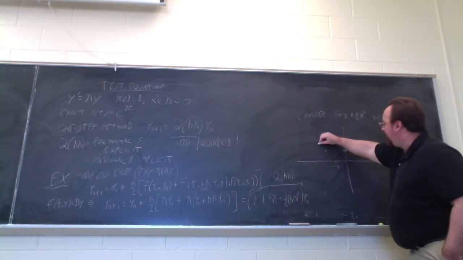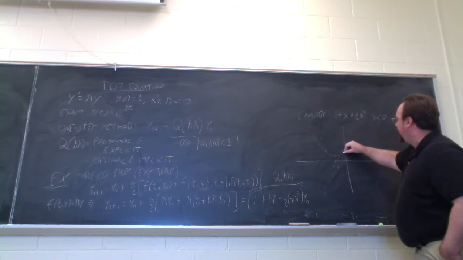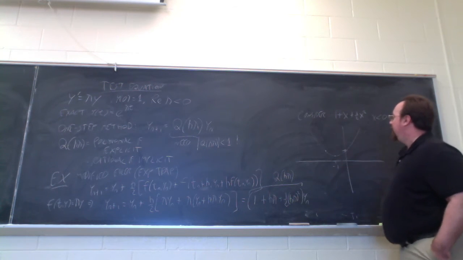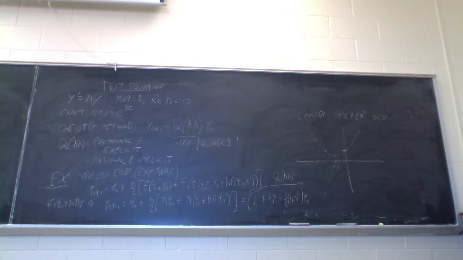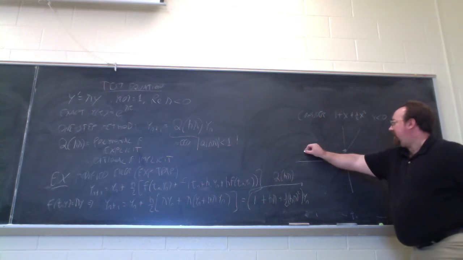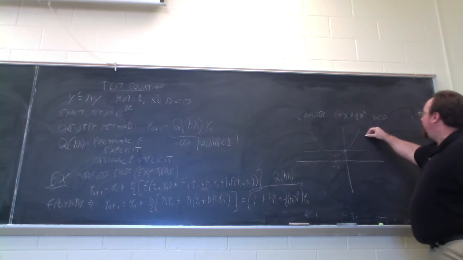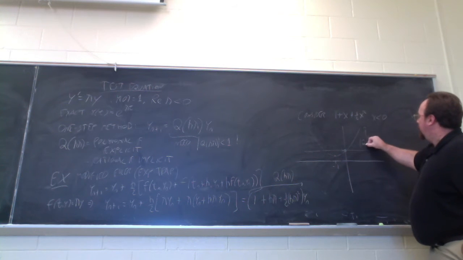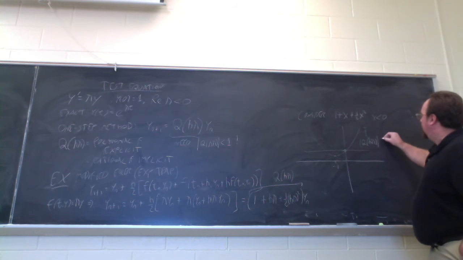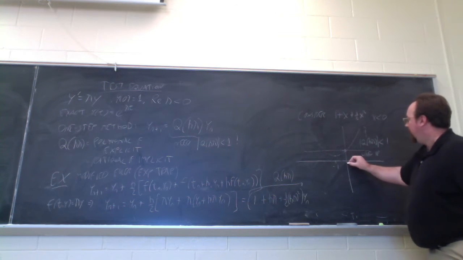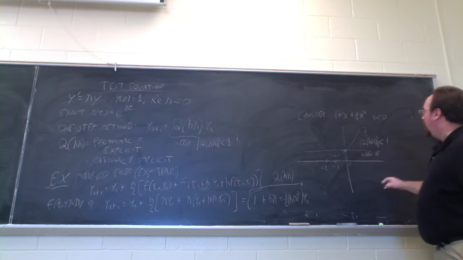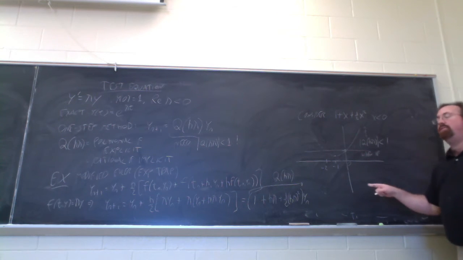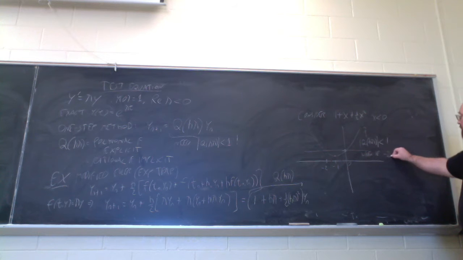So it behaves like this. All right. So the only time it is less than 1 is only in this range from -2 to 0. So that's the case where lambda is real.